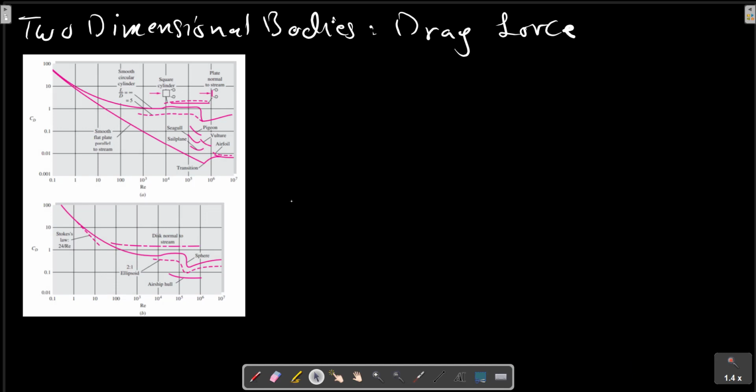The various bodies shapes are a smooth circular cylinder as shown, square cylinder, plate normal to stream, and also surface plate parallel to stream, such as this shape, and airfoil, venturi, pigeon, and other shapes in the stream shown in this picture.